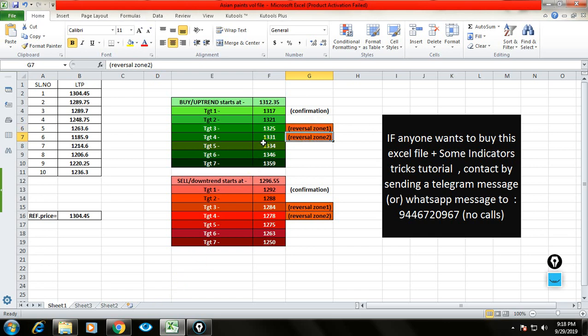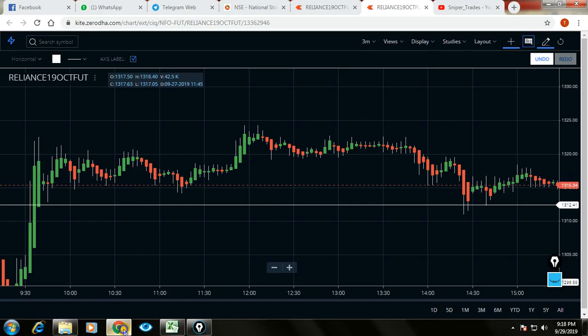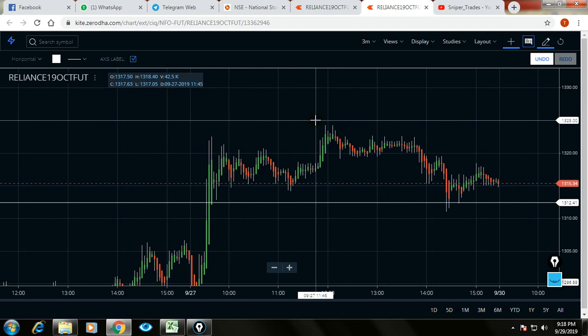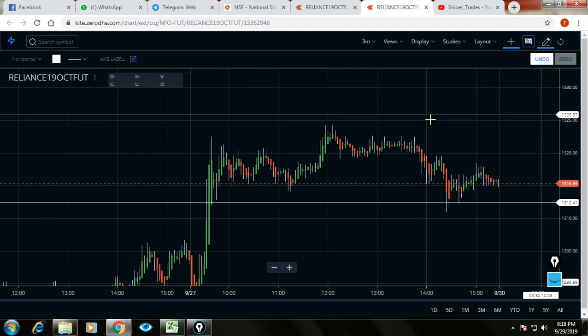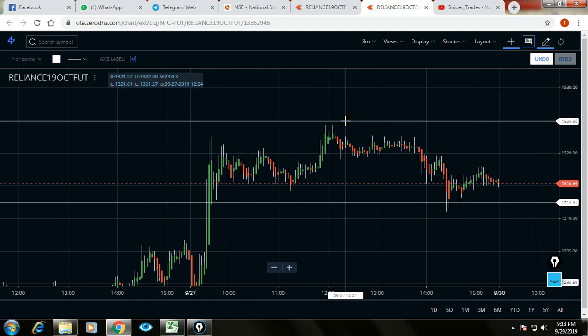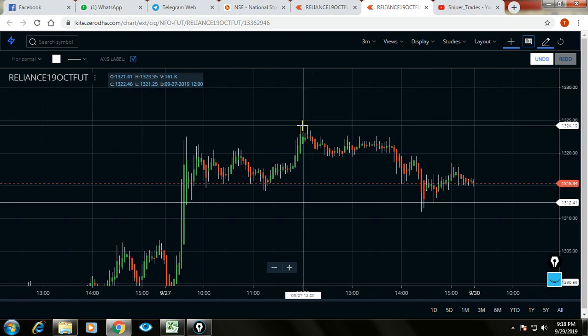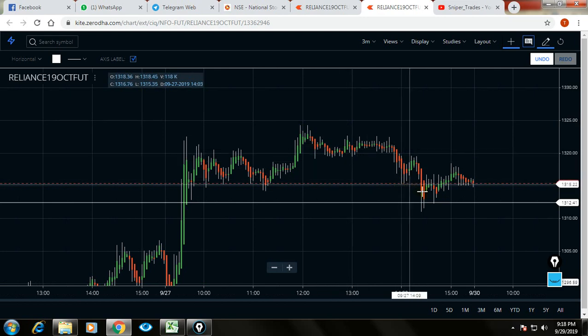At this level, 1325, the price must slow down. See here, at around 1325, before reaching this level, the price tends to come down. See, the price is going downwards.